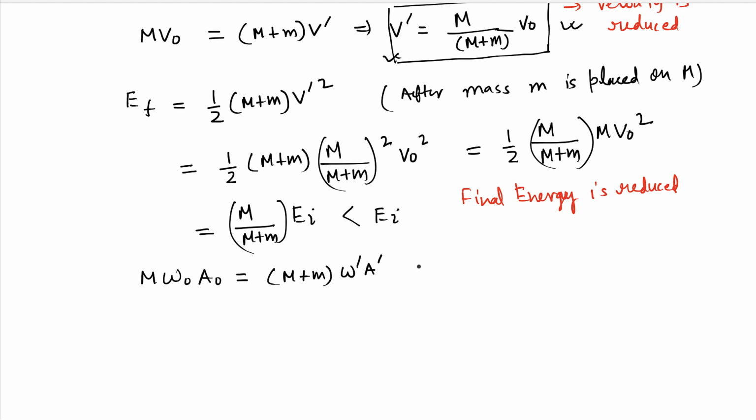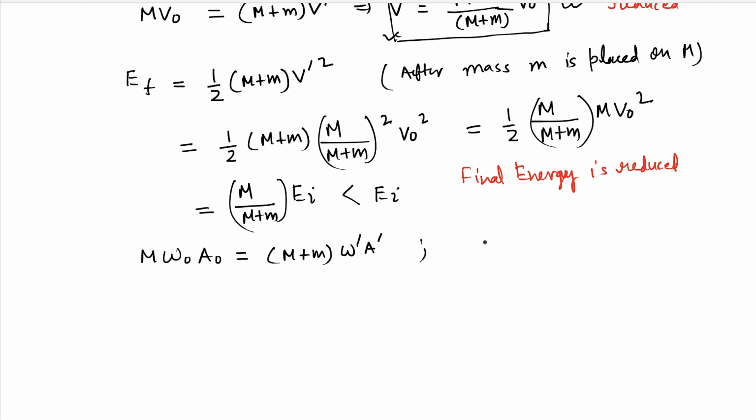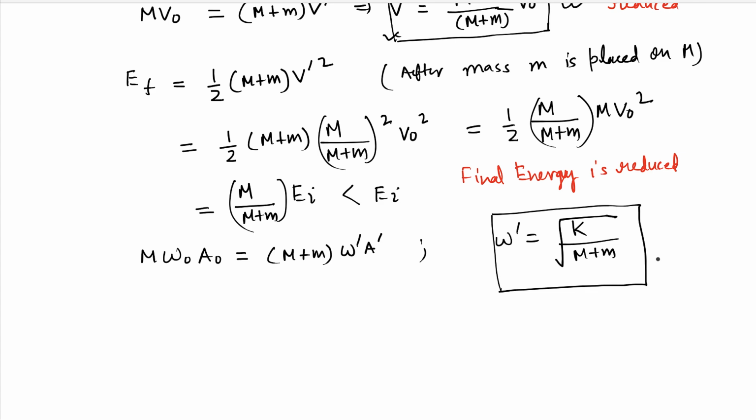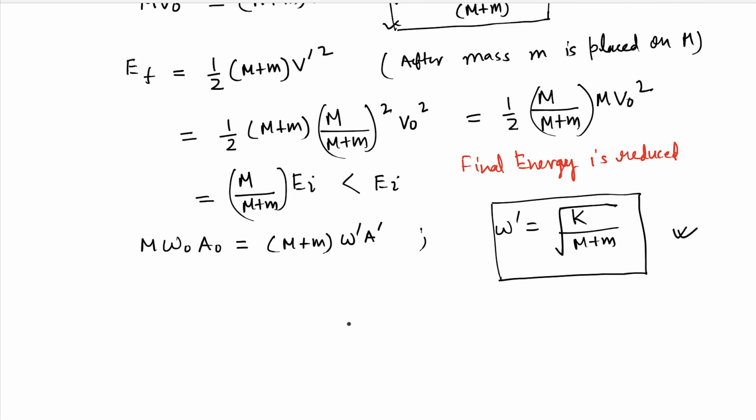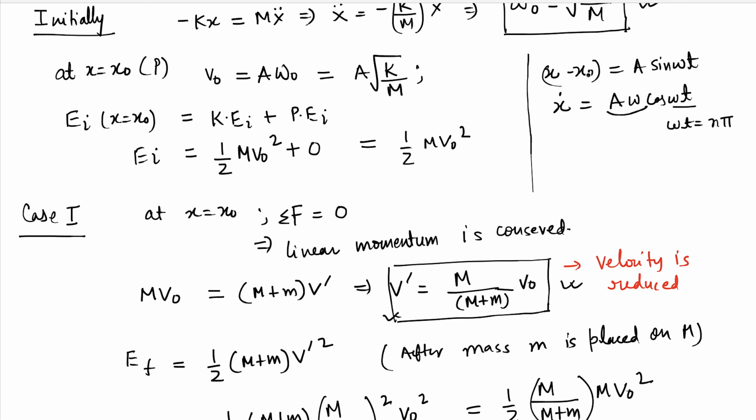Just linear momentum conservation. What is omega prime? Omega prime is root k by m plus m, because the final frequency for the oscillation is root of k by m plus m, using the same equation here.